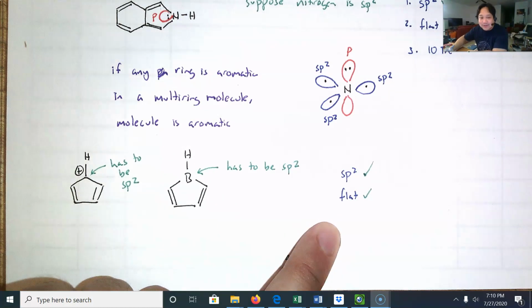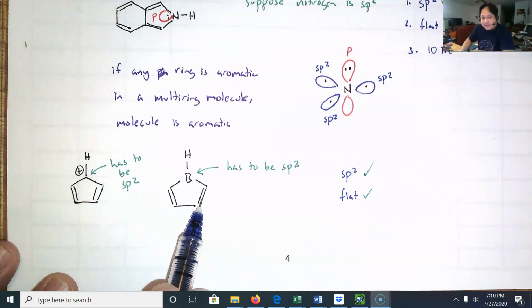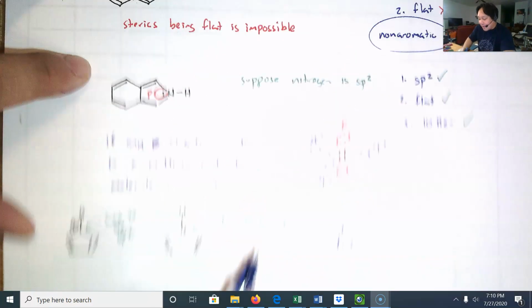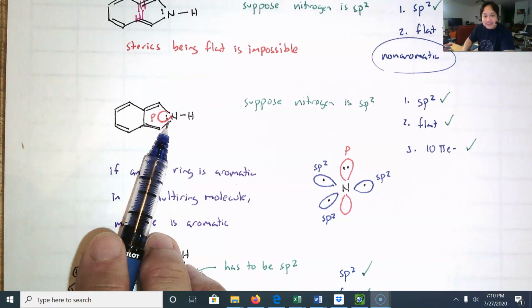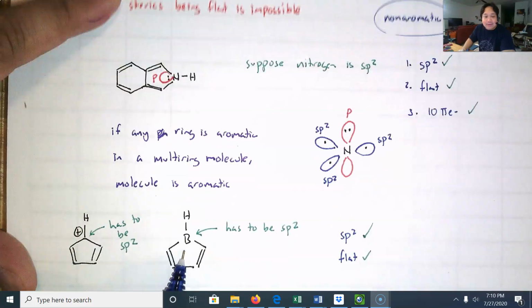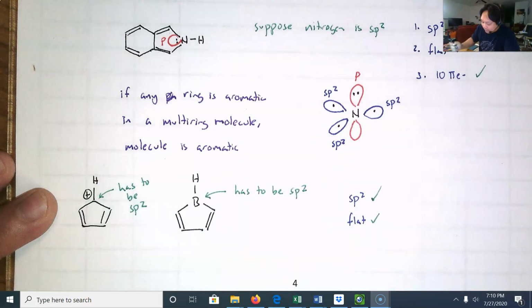How many pi electrons? 1, 2, 3, 4. See, this is not like the nitrogen case where we have a lone pair to kick up from 4 pi electrons to 6. This does not have a lone pair. Boron is, in the periodic table, right?